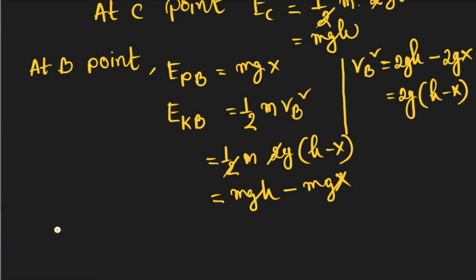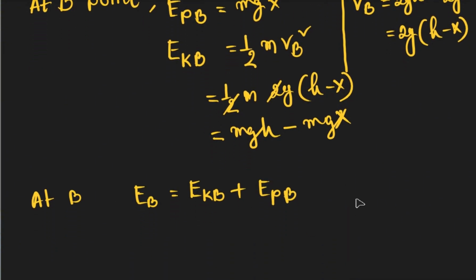So at B point, the total energy EB equals EKB plus EPB. Now it's time to plug in the values. EKB means mgh minus mgx, plus the value of EPB, which is mgx.